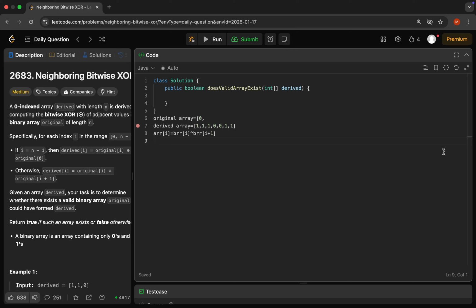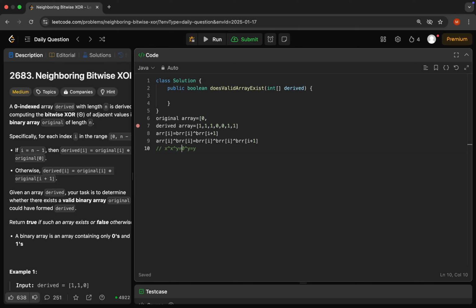So we will take the XOR on both sides with BRR i. Okay, so it becomes BRR i XOR BRR i XOR BRR i plus 1. So here the property comes: X XOR X equals 0 and 0 XOR Y equals Y.